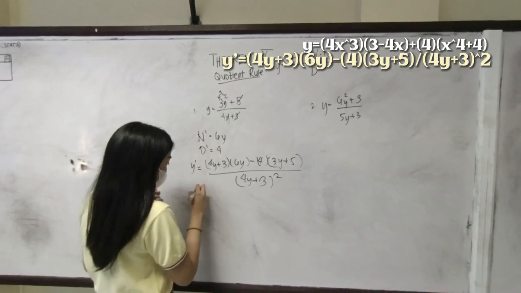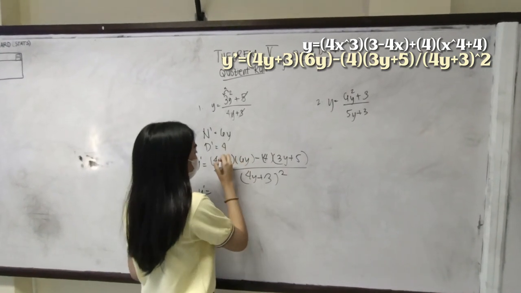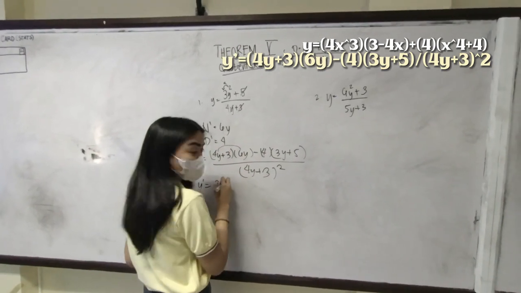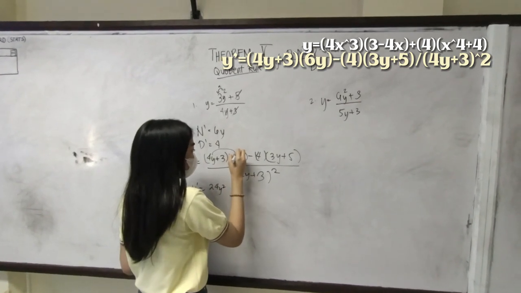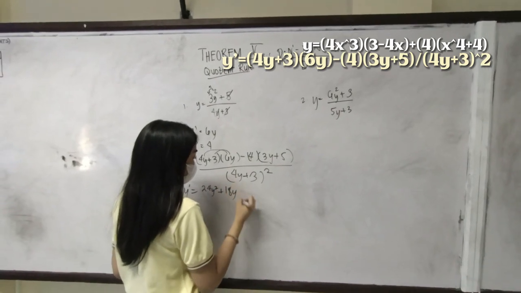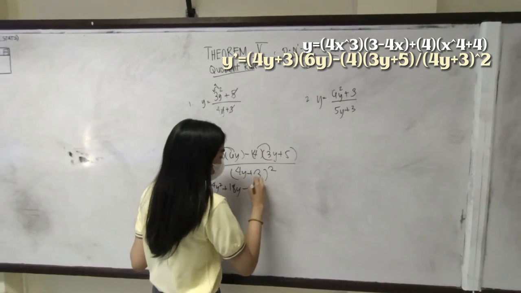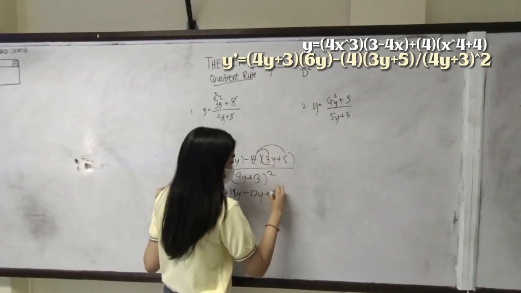Now, let's distribute this given. So 4y times 6y equals 24y squared. Then 6 times 3 is equal to 18y. Then 4 times 3y is equal to 12y. Then 4 times 5 is equal to 20.